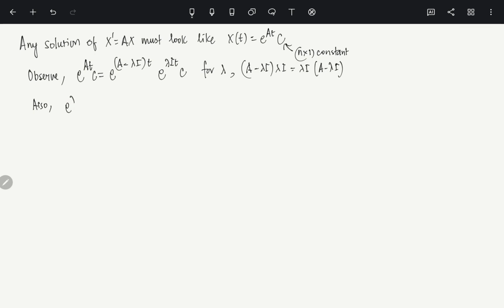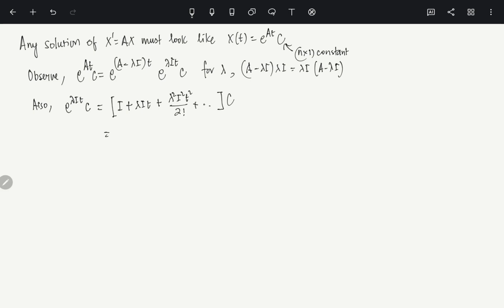And you see also e to the power lambda I t acting on a matrix C. What is it? It is nothing but, let's just write it down, I plus lambda I t plus lambda square I square t square by 2 factorial up till infinity, times C, right? Now if you multiply this, what is the lambda part?